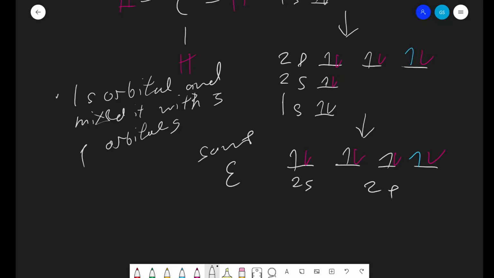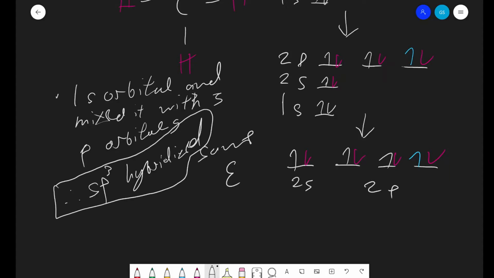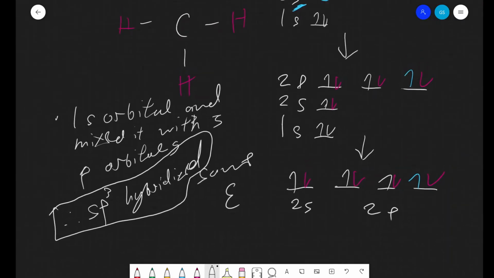So this would make it sp3, because 1 s and 3 p are hybridized. Carbon has now been sp3 hybridized. This is the classification we would give it. That's just the way we communicate it.